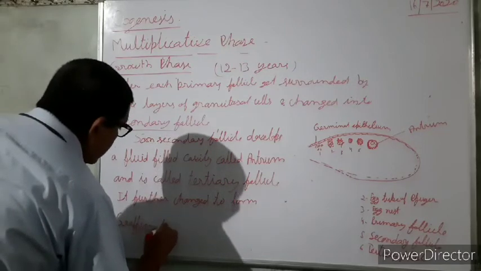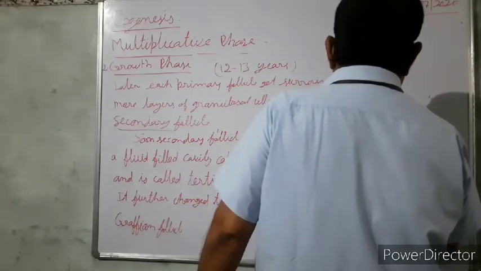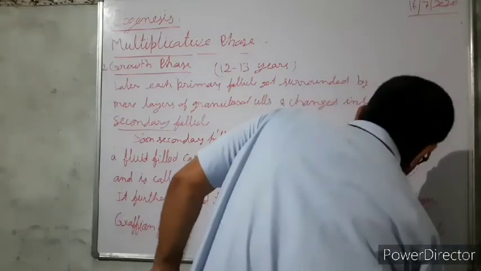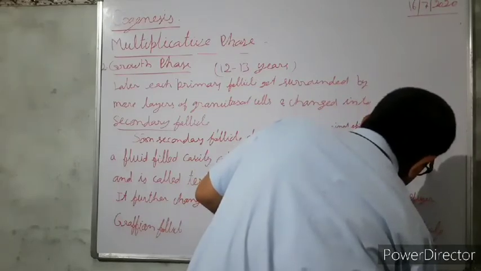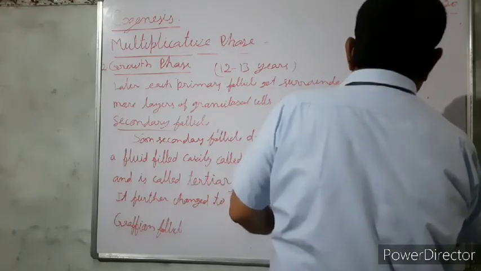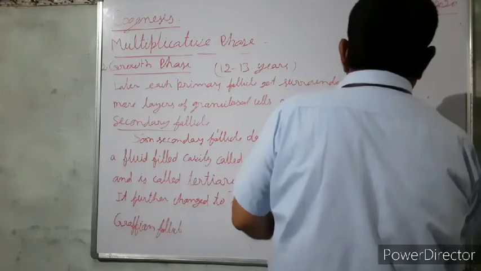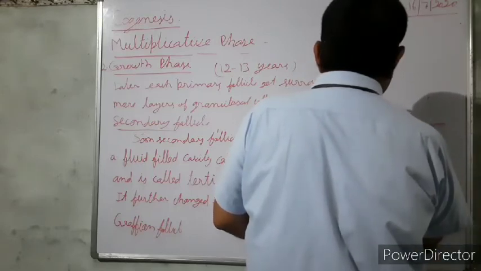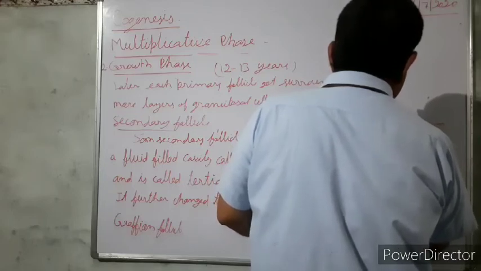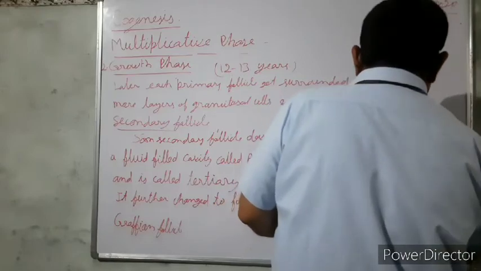After the fifth and sixth, the seventh is the Graafian follicle. One egg is there.